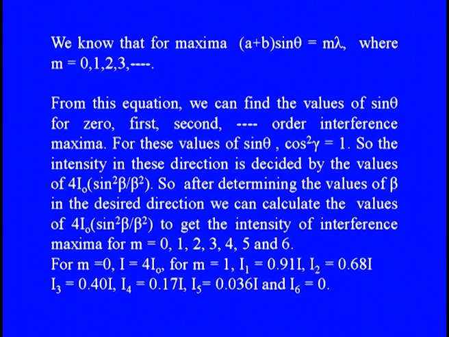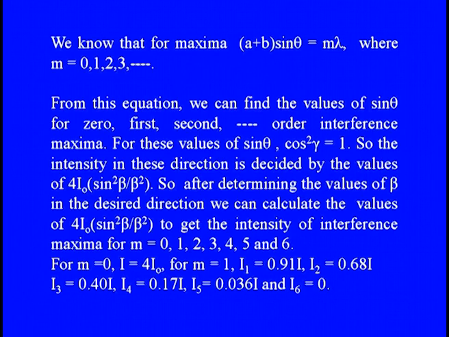For m equal to 1, I1 will be equal to 0.91 times I, that is, intensity will be about 90% of the central maxima.